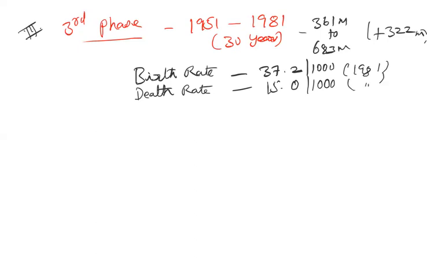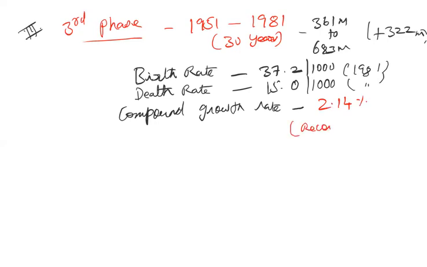So the compound growth rate of population during this period was 2.14%. This is the record growth rate, the highest growth rate witnessed by India so far.